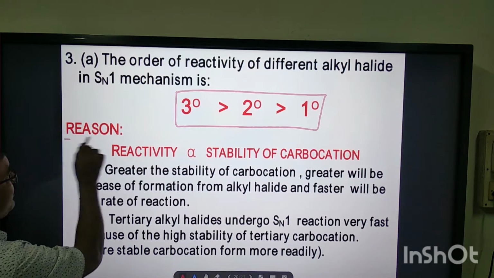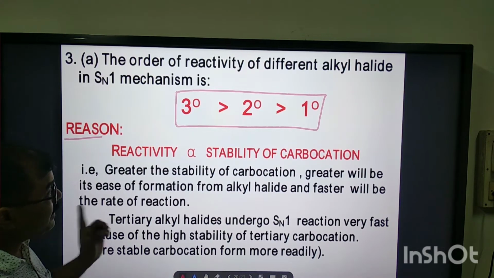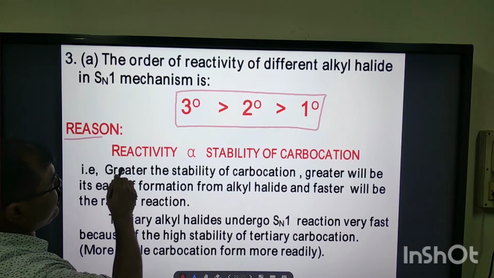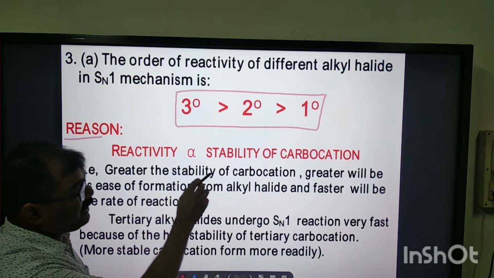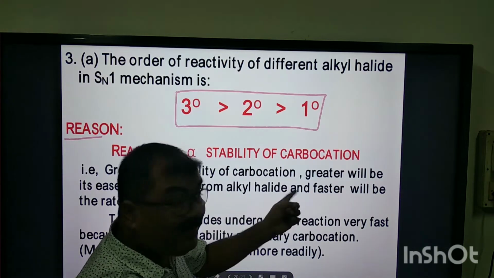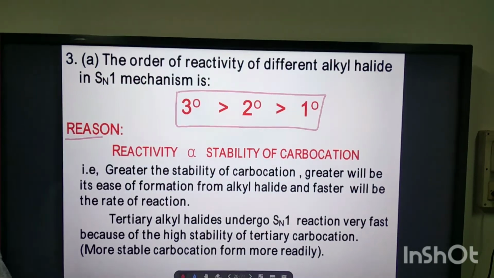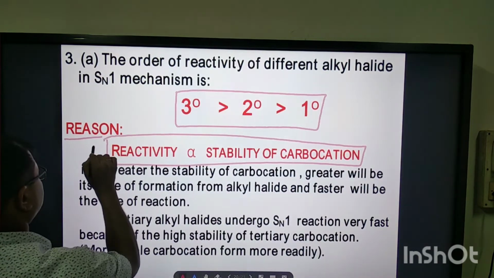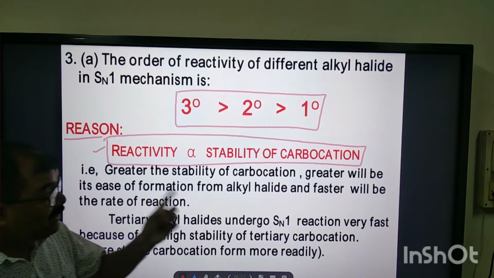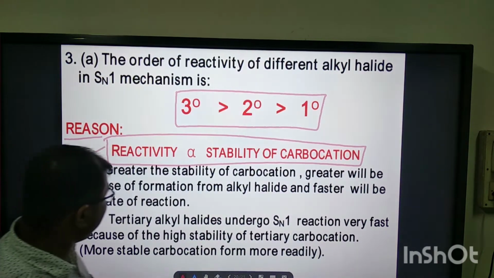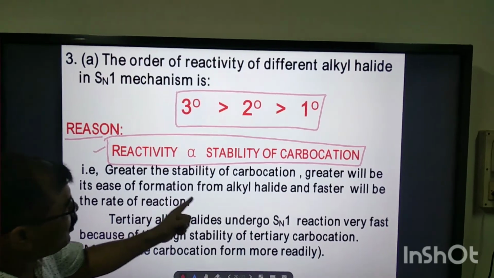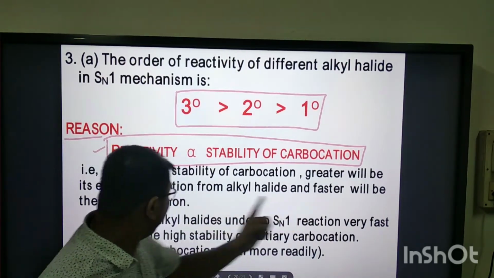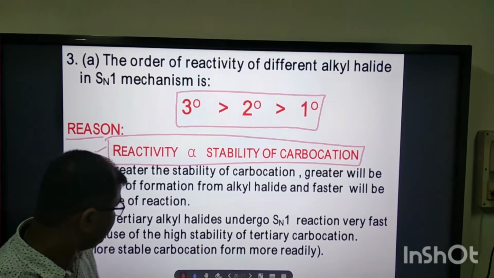So what is the reason behind it? The reason is that the reactivity of the substrate is directly proportional to the stability of the carbocation. The greater the stability of the carbocation, the greater the ease of formation and the faster the rate of reaction.